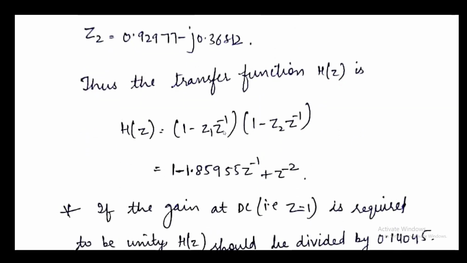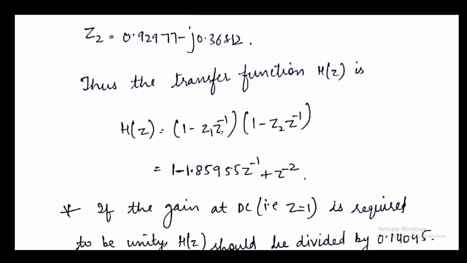From that we can obtain the transfer function H(z) as 1 minus z1 z inverse, times 1 minus z2 z inverse. If you put in the values of z1 and z2, you will get H(z) as 1 minus 1.85955 z inverse plus z inverse square.